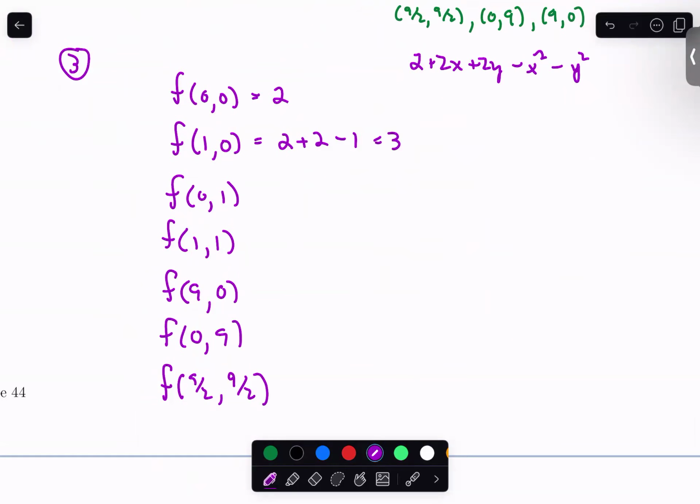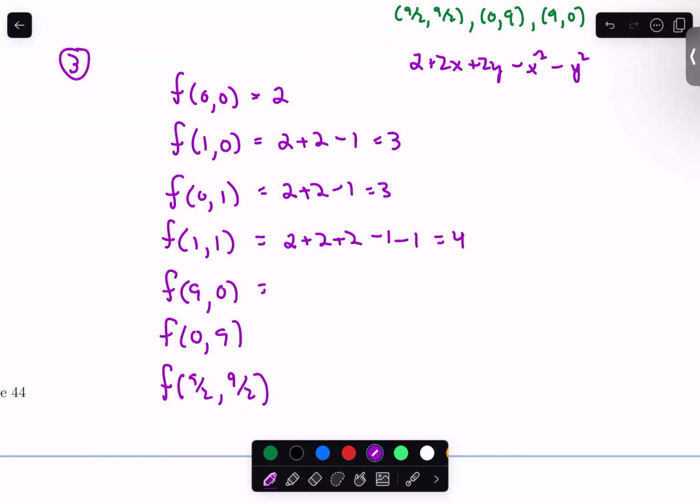So that's going to give us 3. Likewise, when x equals 0 and y equals 1, we're going to get very similarly 2 plus 2 minus 1. So again, a 3. When they're both equal to 1, 2 plus 2 plus 2 minus 1 minus 1. So let's see, 6 minus 2, that's going to give us 4.